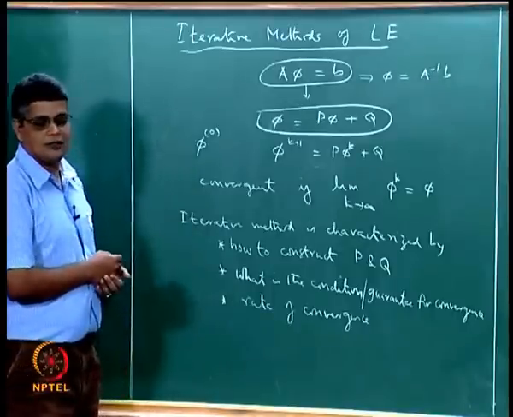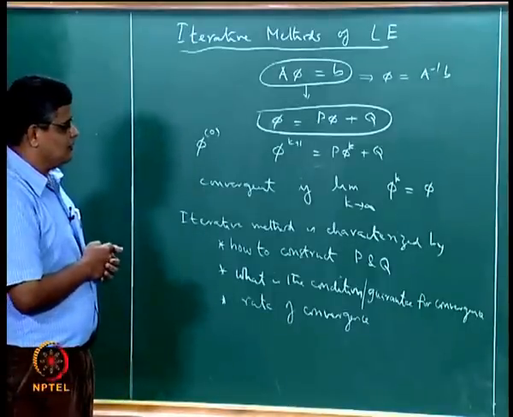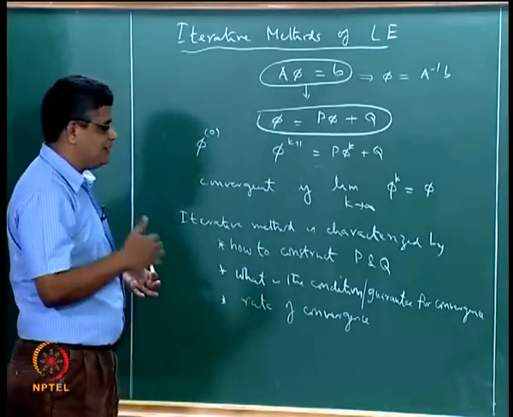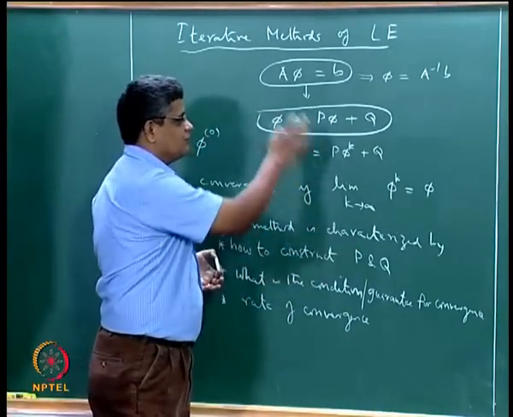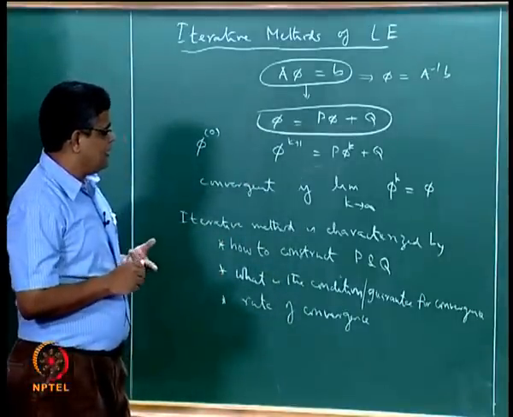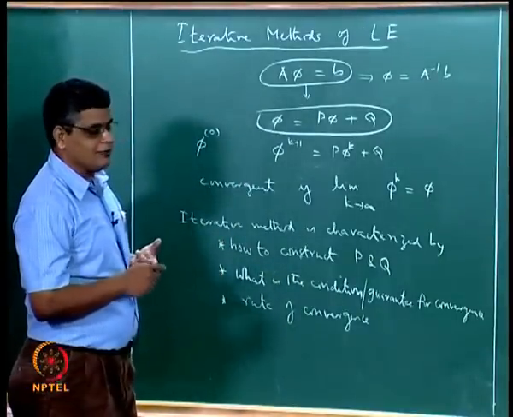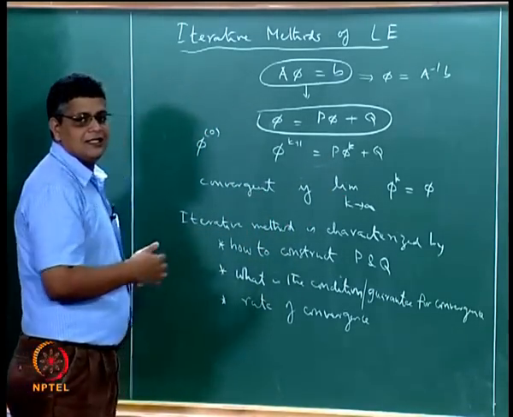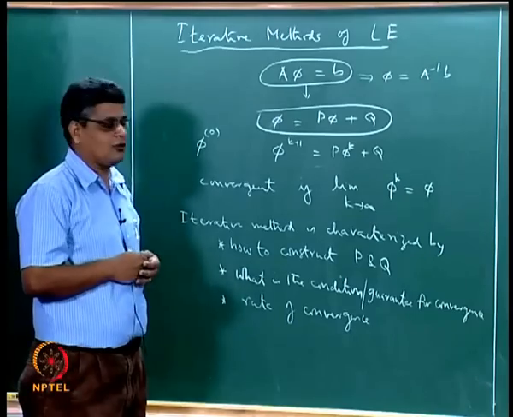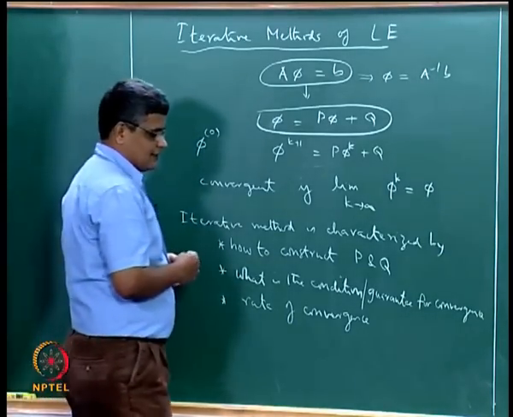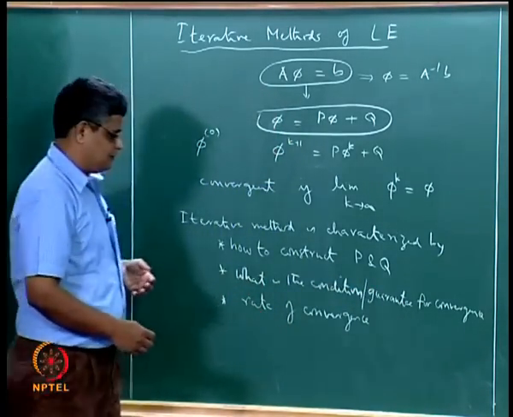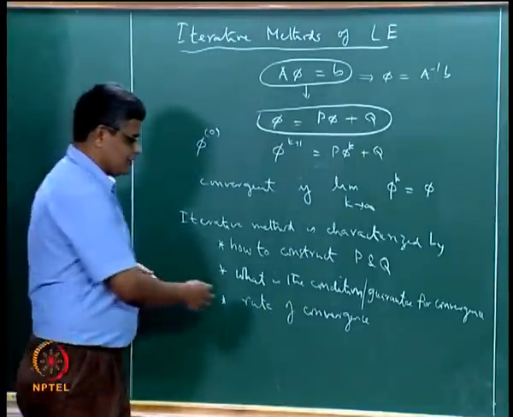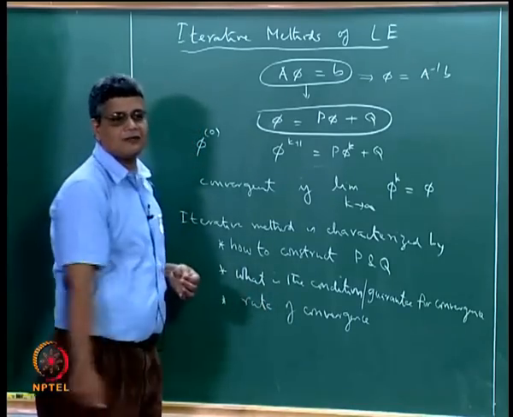So a successful iterative method is one which enables an easy decomposition of A into P and Q, or easy construction of P and Q from given A, and one which enables us to go from phi k to phi k plus 1 in a relatively easy way without too much computation time, and one which has a wide range of convergence, especially of relevance to our type of problems, and one which also has a reasonable or good rate of convergence.